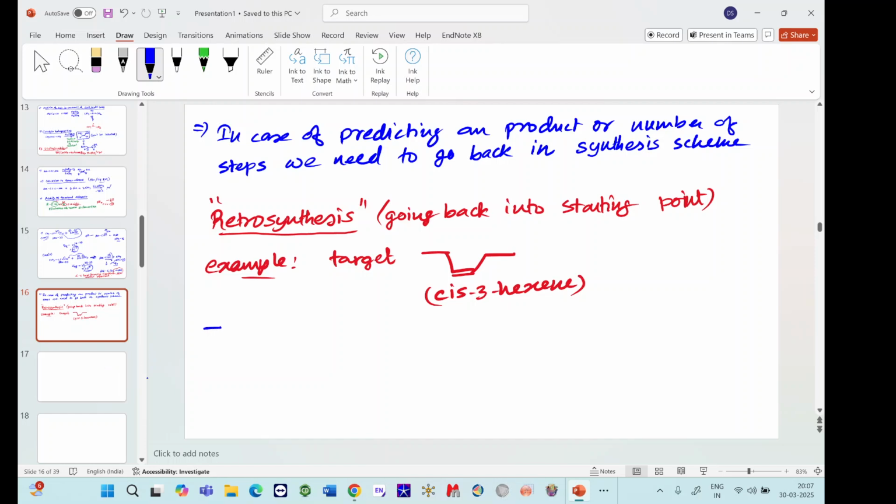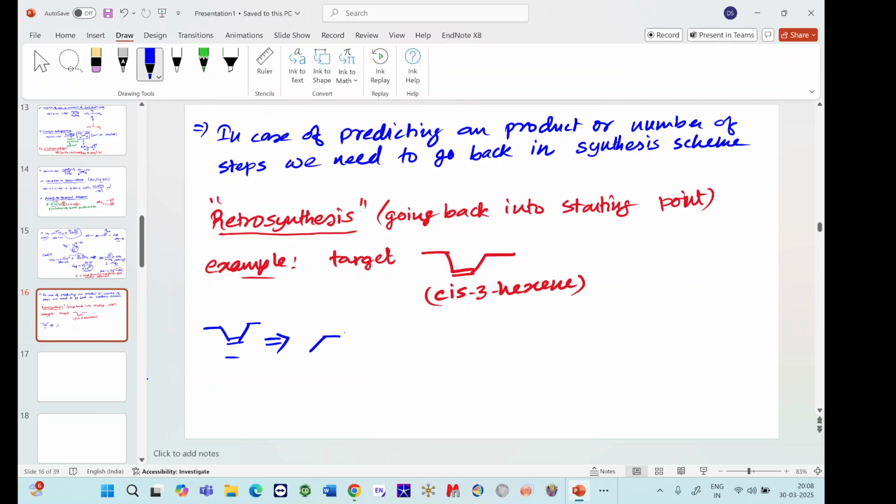So first you draw your end product. So seeing this molecule, what you can understand is that if you start with your previous reaction knowledge, with an alkyne and do some syn addition of hydrogen, you can get to this point, right? So this is the retrosynthesis arrow. Okay, it will go back in previous steps.